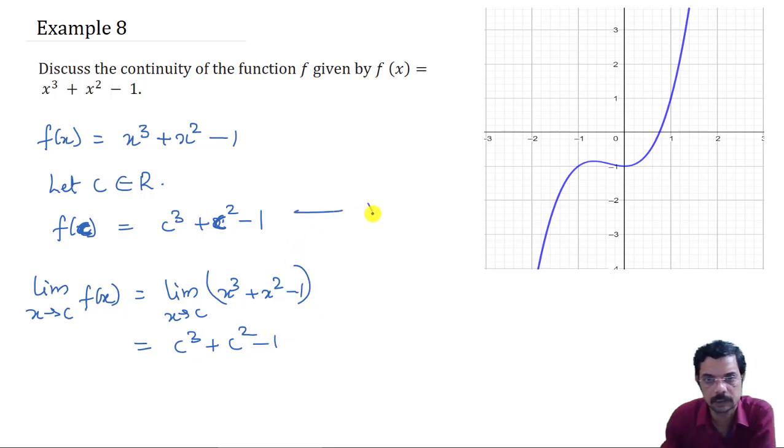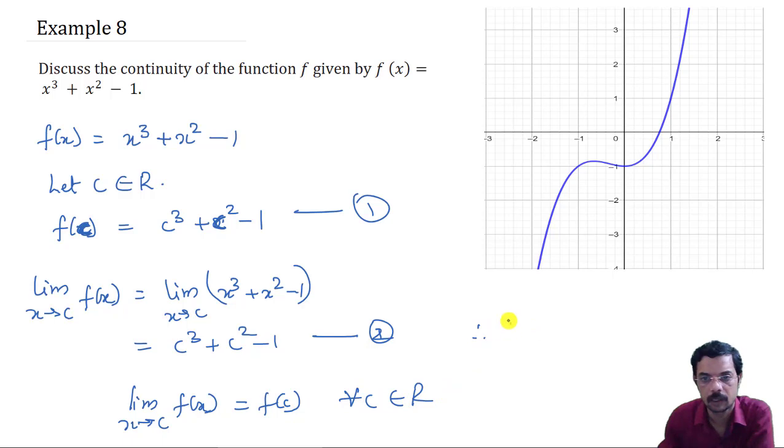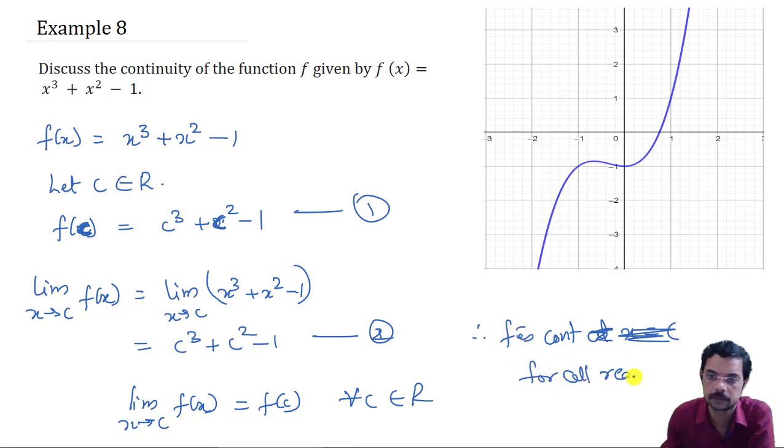So we can see that this is f of c and this is the limiting value. Therefore limit x tends to c of f of x is equal to f of c for all c belonging to R. Therefore f is continuous at x equal to c, for all real numbers.